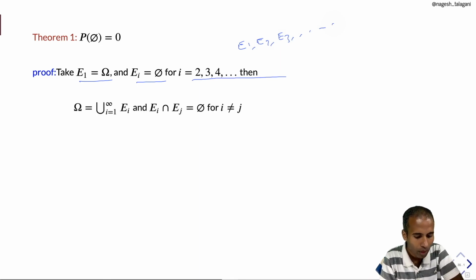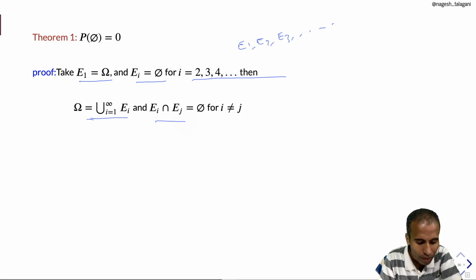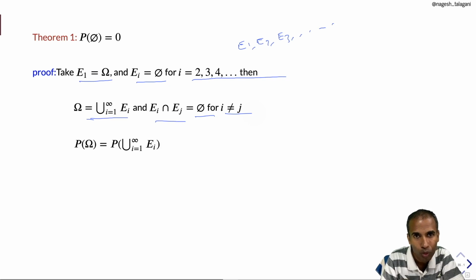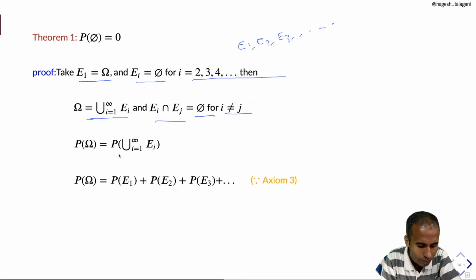That's why we have omega equal to the union i equal to 1 to infinity Ei, and also Ei intersection Ej equals empty for i not equal to j, because at least one of Ei, Ej will be empty, so the intersection is always empty for i not equal to j. Now the probability of omega is going to be the probability of the union i equal to 1 to infinity Ei. Here E1, E2, and so on form a mutually exclusive collection. Now I can apply axiom 3 to the right hand side.